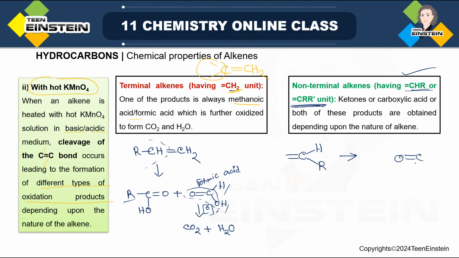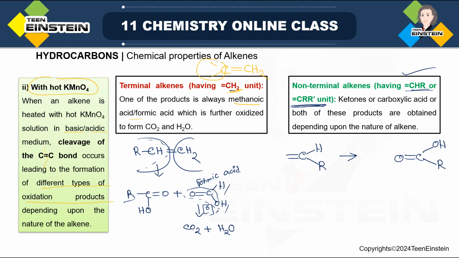I'm just trying to see whatever product will come from this part, because from one part you will get one type of product, and from another part you get another type of product. So in this case, from this side we will get the product RCOOH.